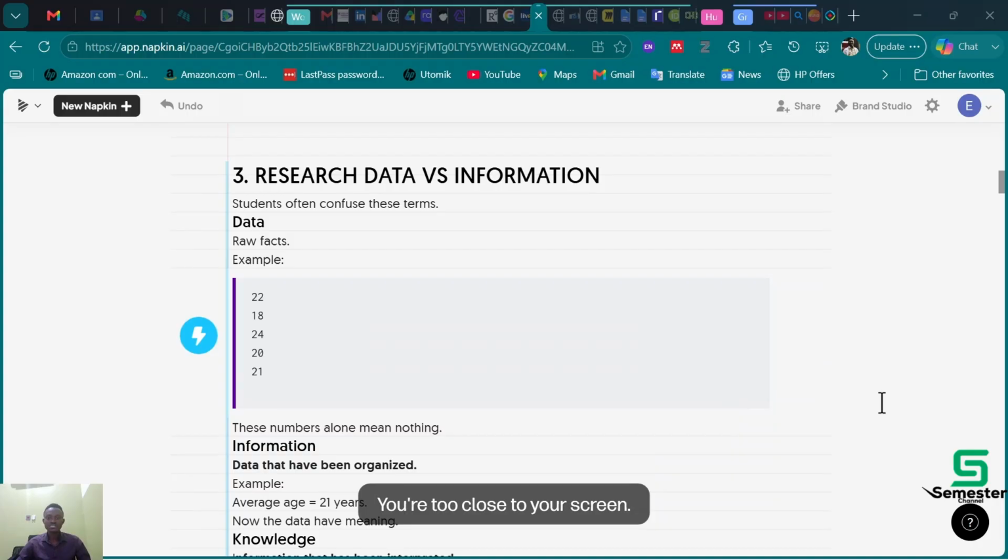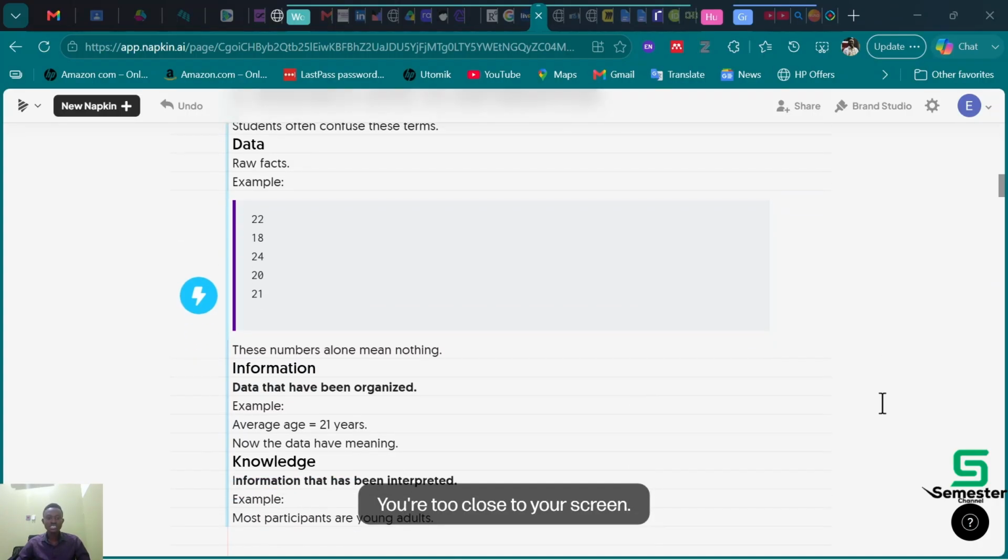Now, there's a difference between data and information, as I've mentioned, right? So data, as we can see in this example, is raw data, okay? And information is data that has been organized. An example is an average age, which is 21 years. Now, this has meaning, right?